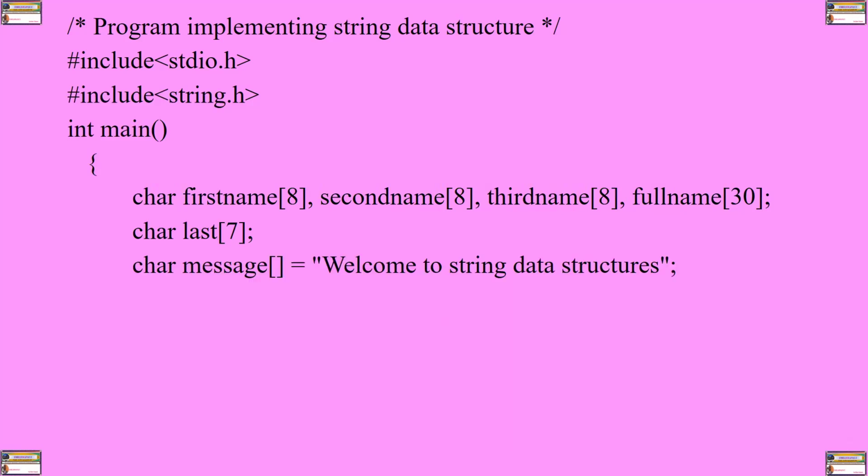As you can see, we have not enclosed any value in the square brackets for message. Why? Because the compiler will just count the number of characters in the string literal, and that is what will determine the size of message.